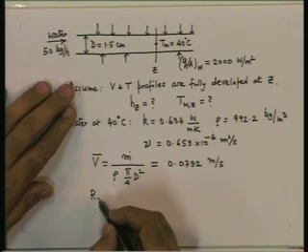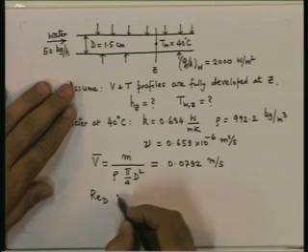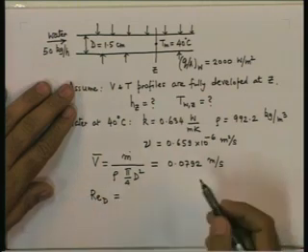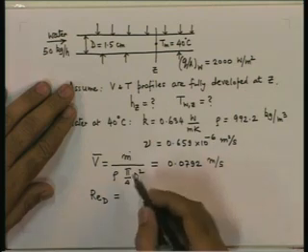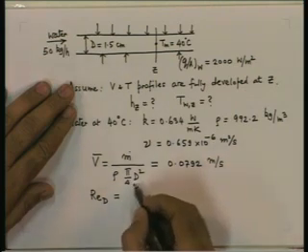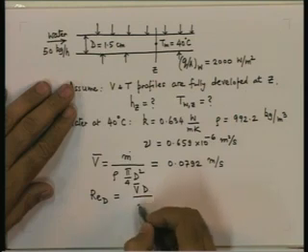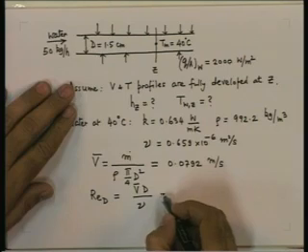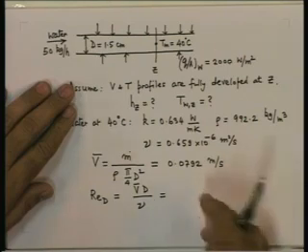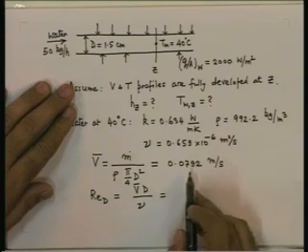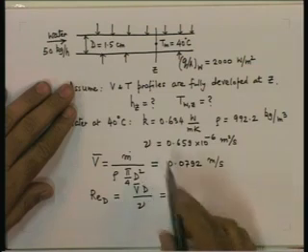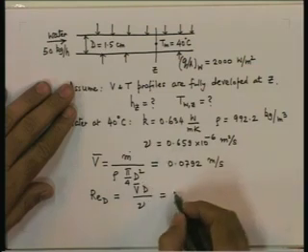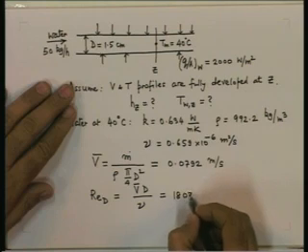Next, we determine the Reynolds number, which is V bar into d divided by nu, and substituting the values of V bar, d and nu, you will get 1803.